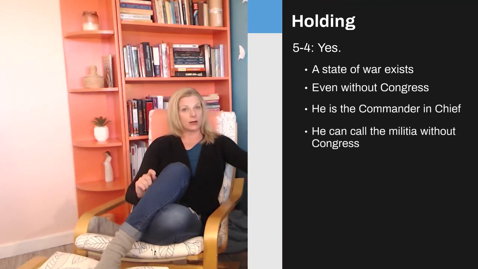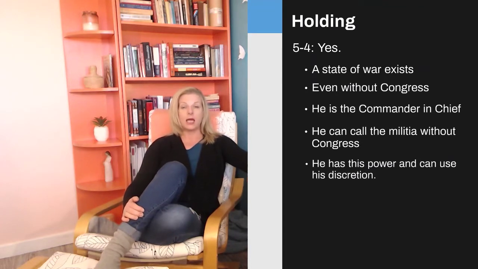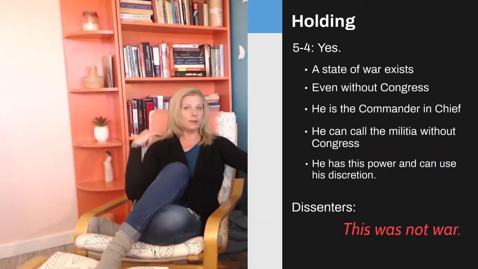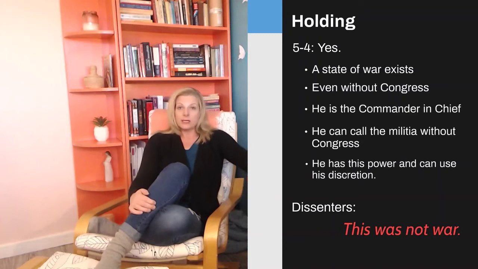The president can call the militia in without Congress, and he has the power and can use this discretion as part of his power as commander-in-chief. Now, the dissenters obviously disagreed with this, and the main point was that this wasn't a war.